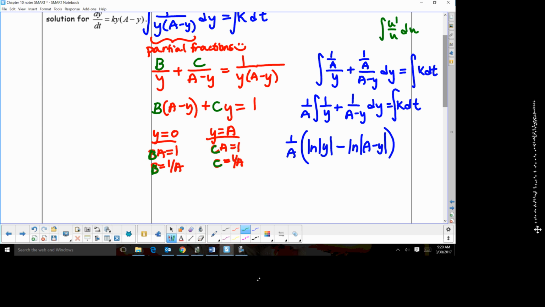So you need a negative 1 here. The derivative of this is a negative 1. So in order for that to work, to put that negative, I'm also going to have the other negative, and that's where it came from. Equals kt plus C.